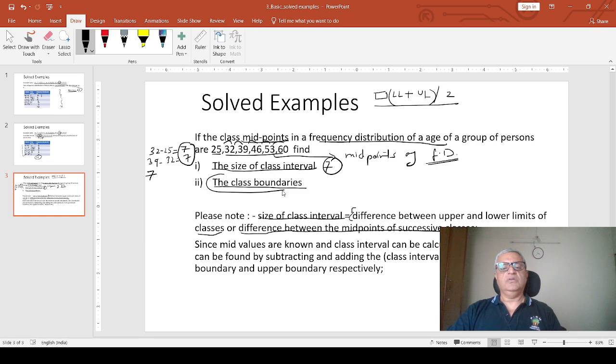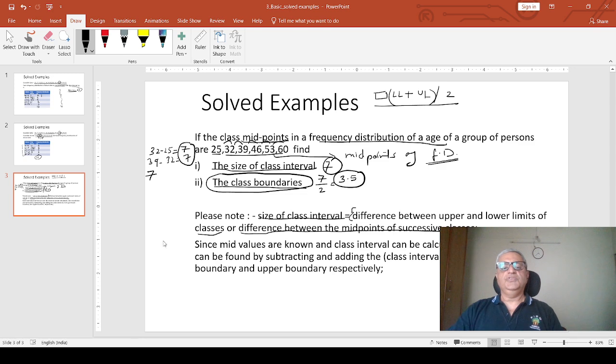Now we need to find out the class boundaries. So how to find class boundaries? One way is to take the class interval 7 divided by 2, and you will get 3.5.